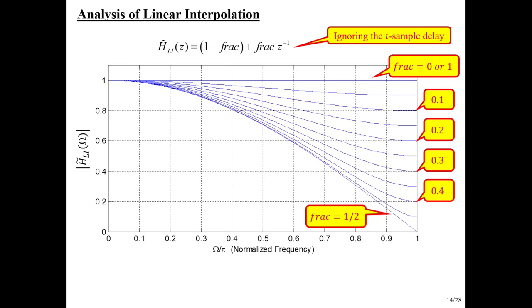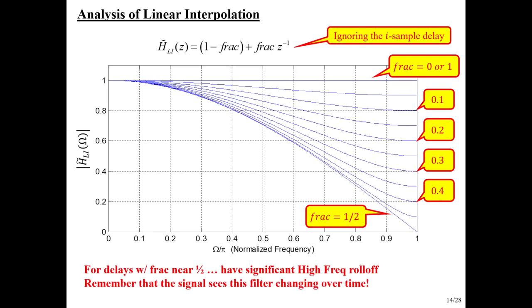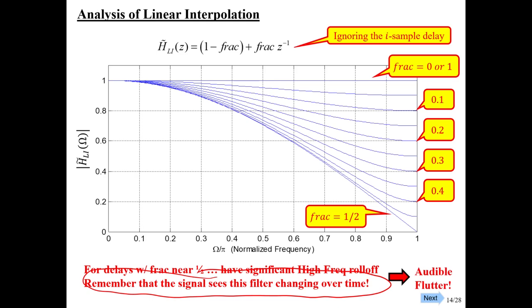It's imparting a time-varying low-pass filter. So the low-pass filter is going to create some muddiness on our signal, but it's going to fluctuate. So there's going to be an audible flutter here, which is not good. I'm just pointing out here that you need to remember that this filter is changing over time, and that's what will lead to this audible flutter.